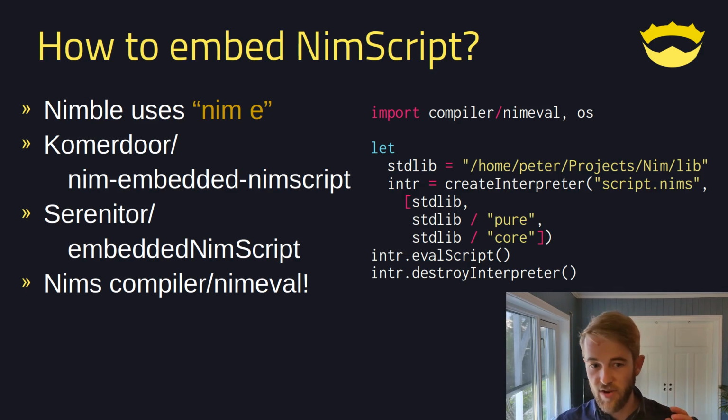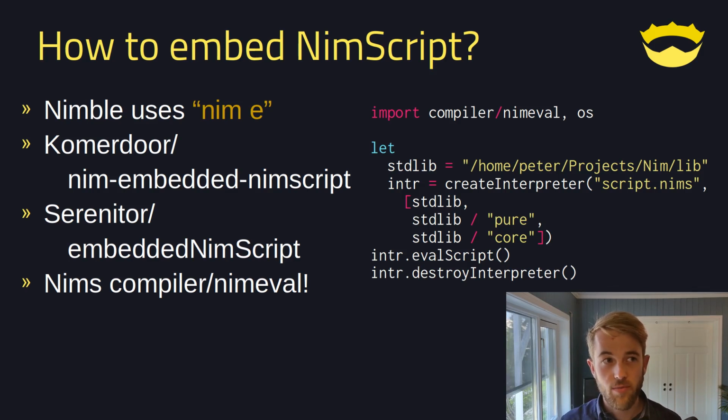So it actually just takes your Nimble file, adds the hidden import and some other stuff, and then just runs execute on this script file. And what we have in there is all of the stuff that Nimble needs to do. But that wouldn't give us the callback functionality, and it's not really the use case that we have here.